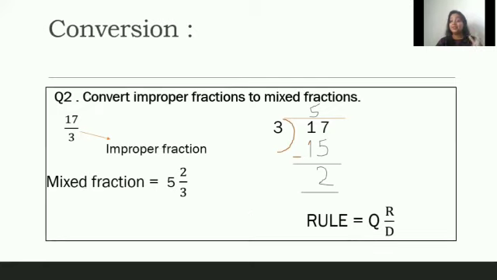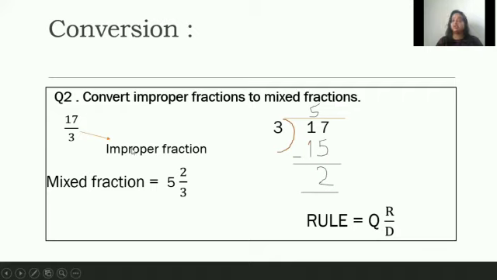Now, the very important things. Generally, we need to convert improper fraction to mixed fraction and mixed fraction to improper one. This is a very basic thing, so pay attention here. This is the question: convert improper fraction to mixed fraction. Look at this, 17 by 3.